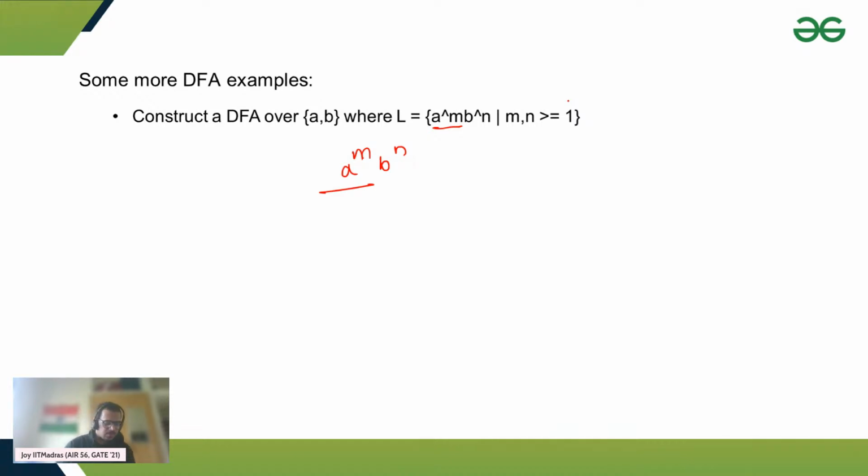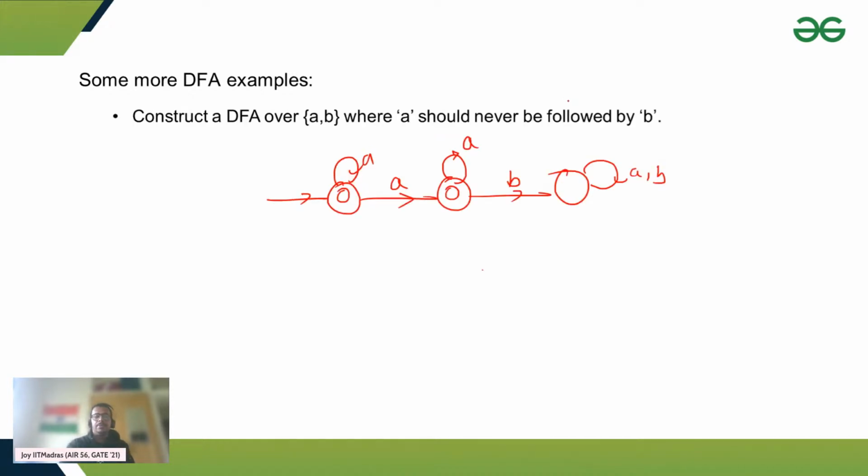There is one question: why have I written A and B in the last step? The question says that A should never be followed by B. So after A, if you get a B, you should go to a dead state.